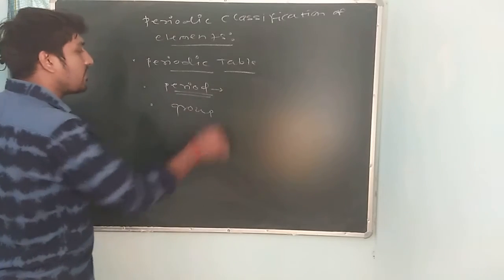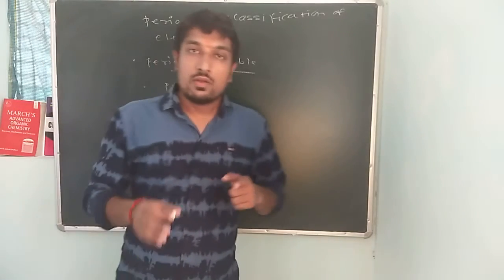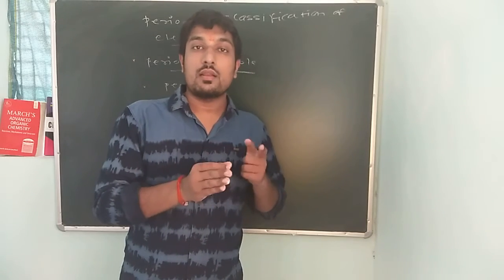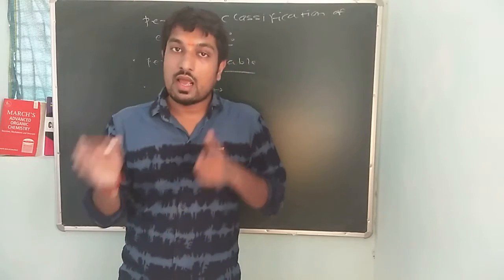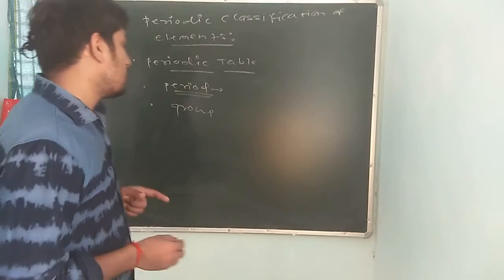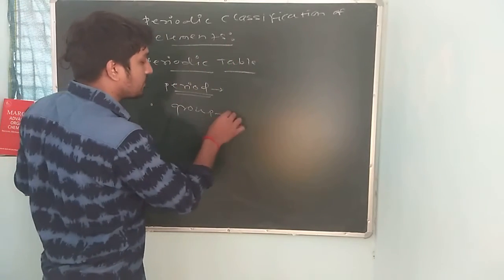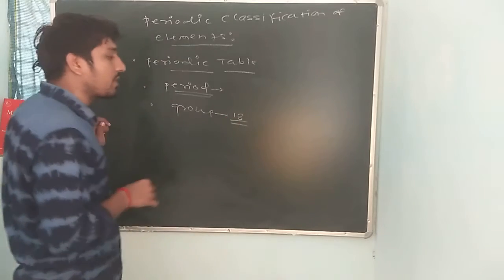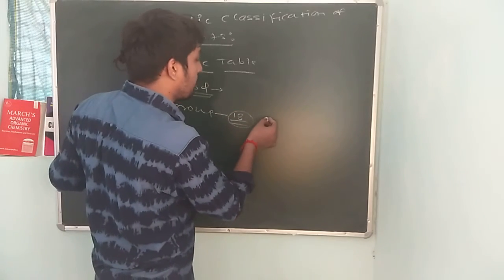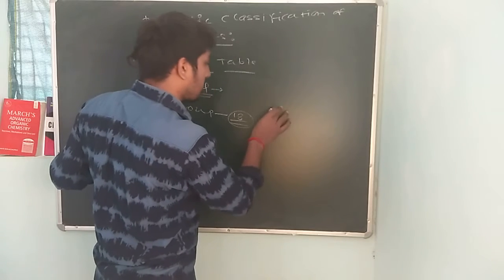We study the periodic table by period, with the atomic number: hydrogen, helium, lithium, beryllium. These are the periods, and there are 18 groups in the periodic table.